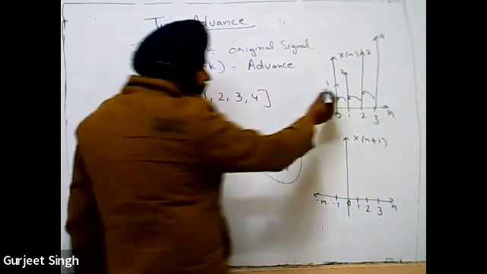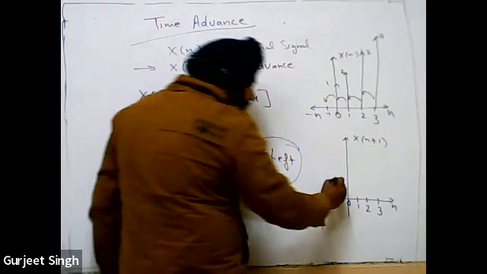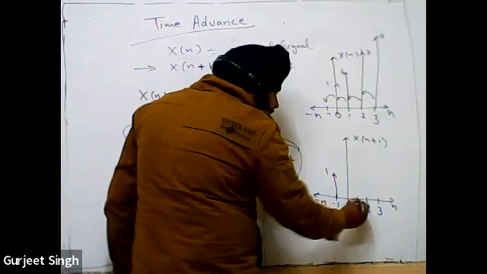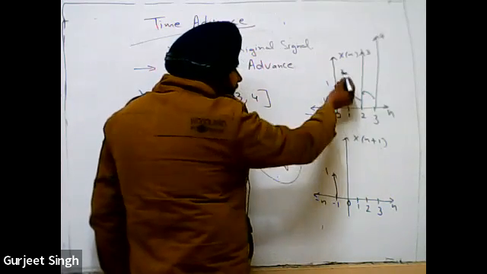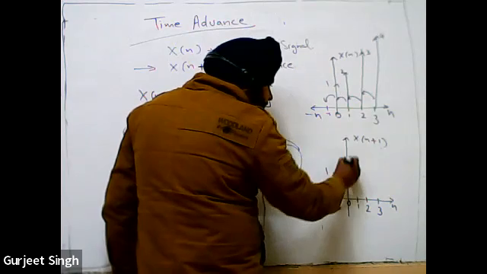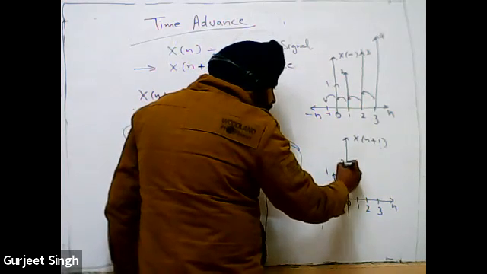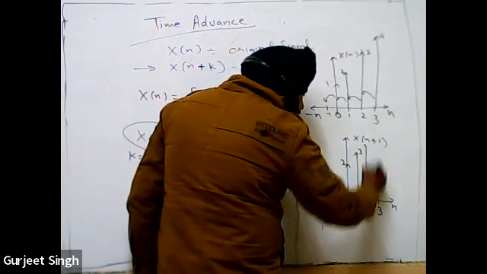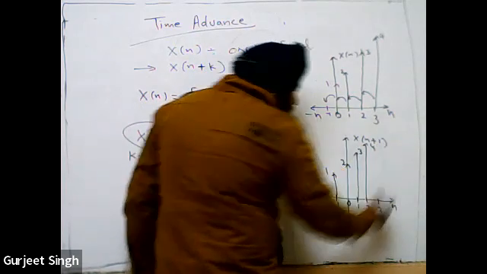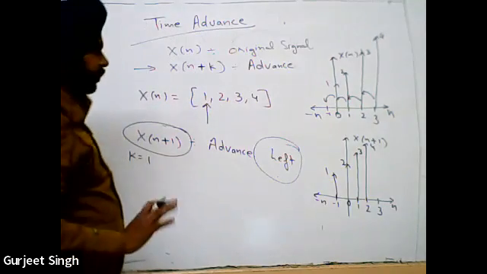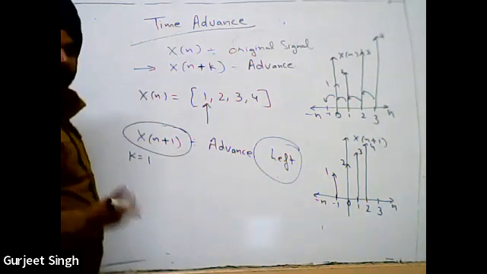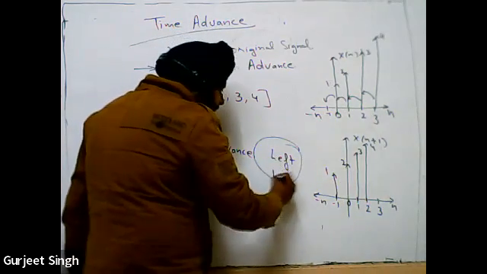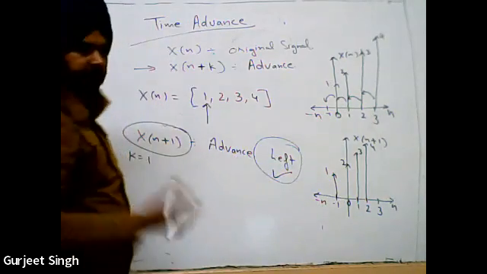This we move toward minus 1, so at minus 1 we have 1. At 1 we have amplitude 2, moving toward 0, so here we have 2. At 1 we have 3, at 2 we have 4, at 3 we have 0. So this is the time advance. We shifted the signal toward the left side by one sample.